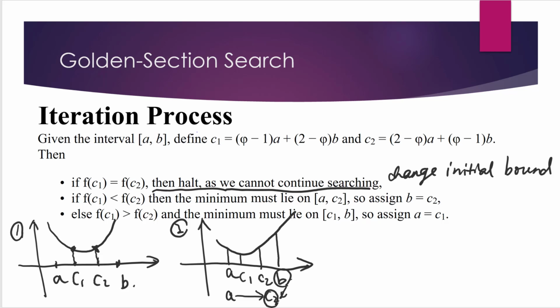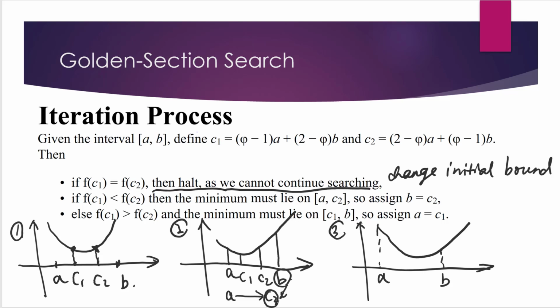So the third scenario is when f(c1) is larger than f(c2). So for example, we have this function. So here is a, here is b, then we have c1, this is c2.